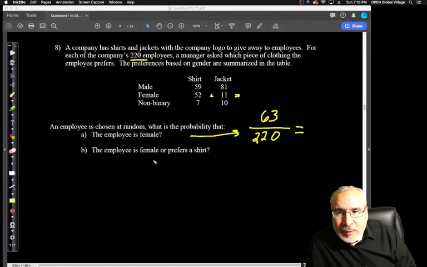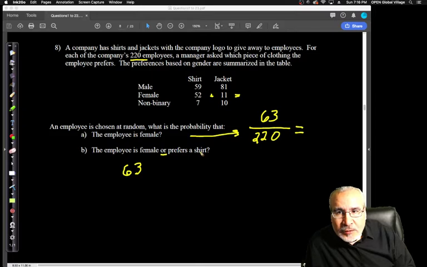The employee is female or prefers a shirt. So watch how there's kind of two ways we can do this. It's female, so it's 52 plus 11. So we do have the 63. 63 females is a possibility. Remember, this is the inclusive or.